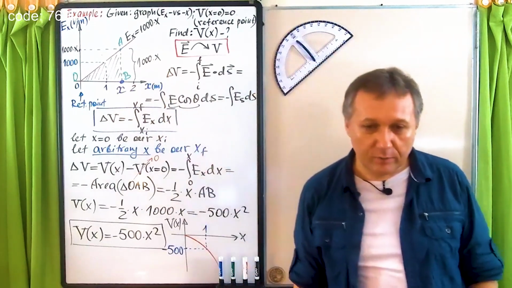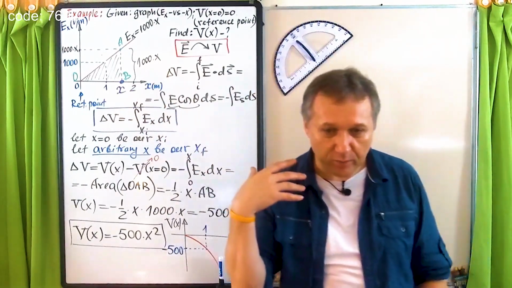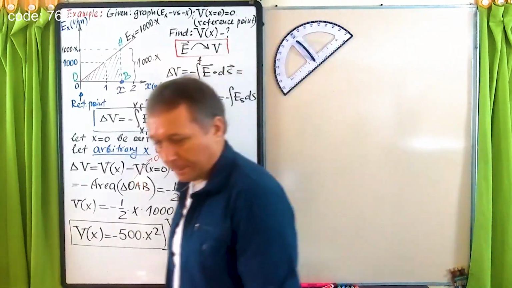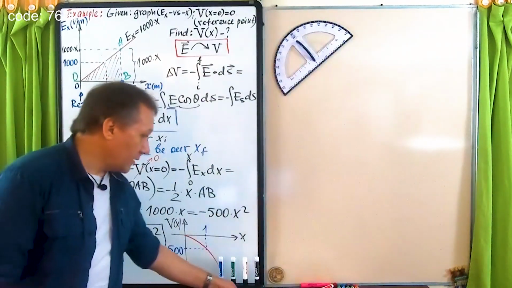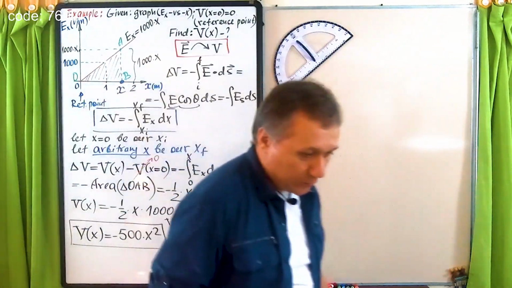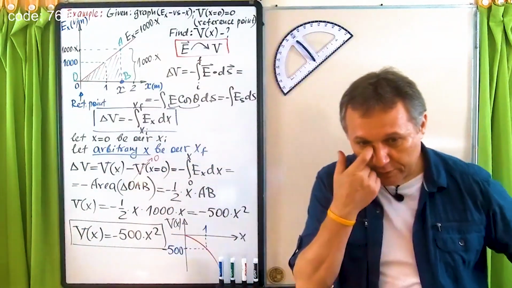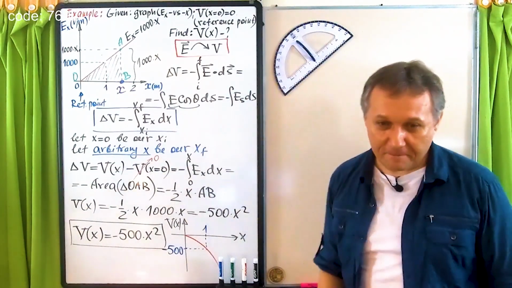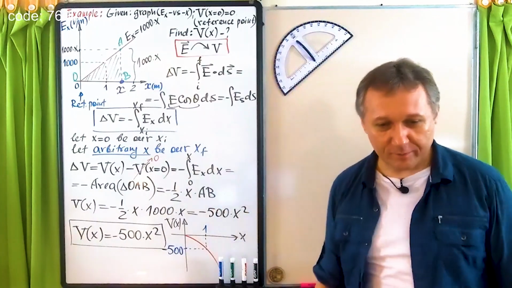If the question was about point 3, we would take that point. But in this case, we need to do this. So that's the example which I wanted to discuss. It just calculates the area, add minus in front.